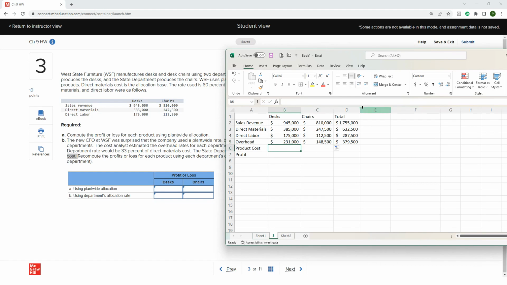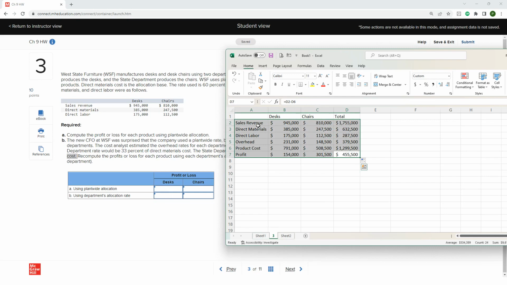And then our profit is just going to be the sales revenue minus the product cost. So for Part A, using a plant-wide allocation of overhead, desks have a profit of $154,000 and chairs have a profit of $301,500.